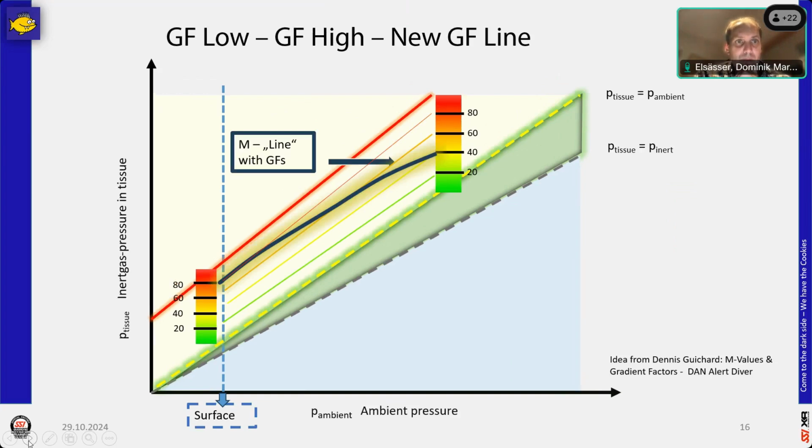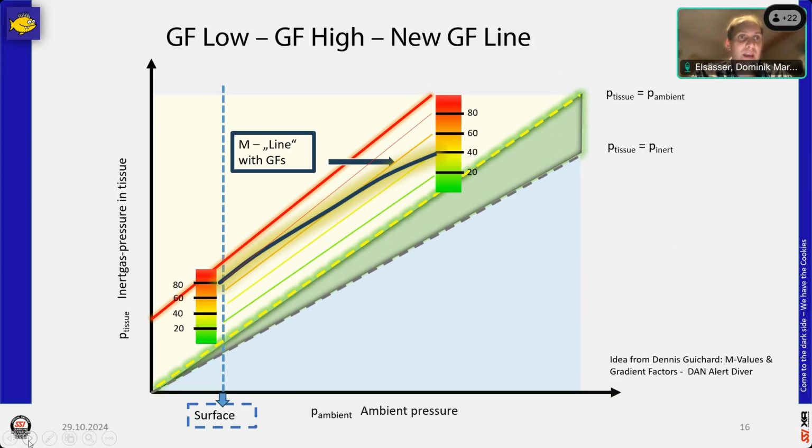Now, however, what has in the meantime taken hold is that people realized you can go even one step further. You can assume that the situation at depth is not the same as at the surface. So you say, I do this thing with the gradient factors, but I choose to have my first stop at a gradient factor that is different from the gradient factor that I want to reach at the surface.